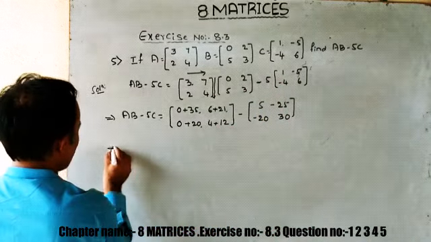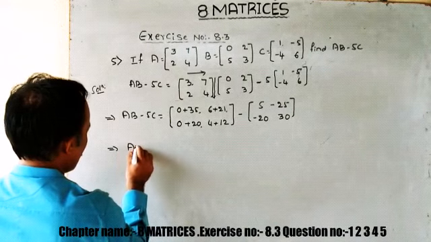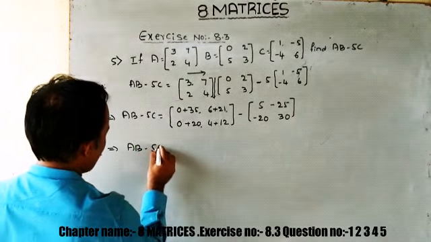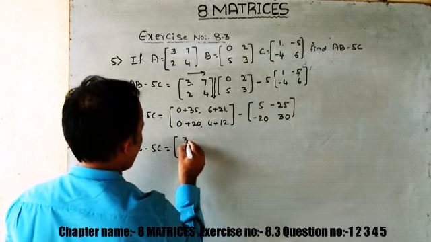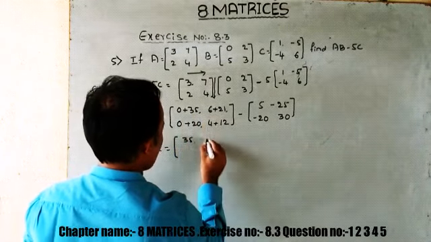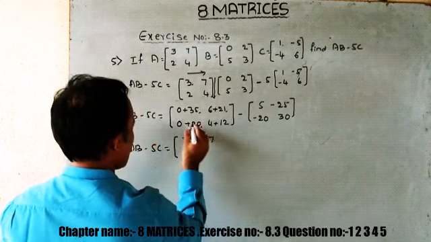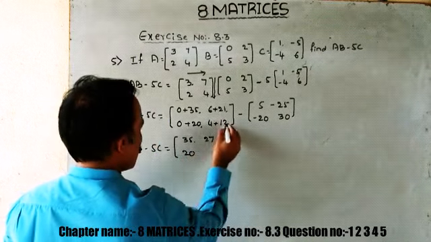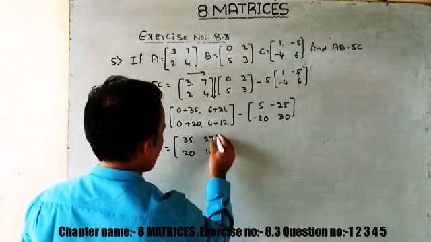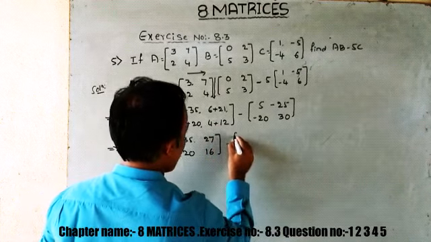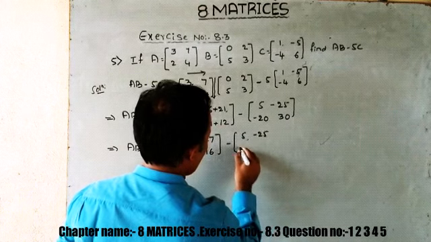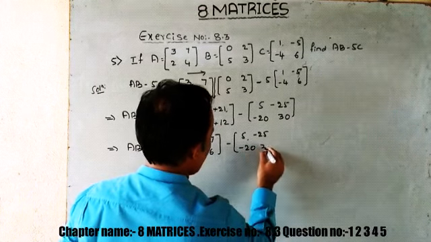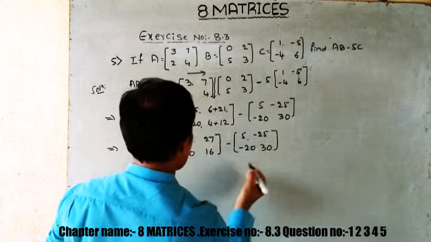So AB minus 5C is equal to 0 plus 35, 35, 21 plus 6, 27, 0 plus 20, 20, 12 plus 4, 16, minus 5, comma, minus 25, minus 20, next 30. So as you know already, subtraction.